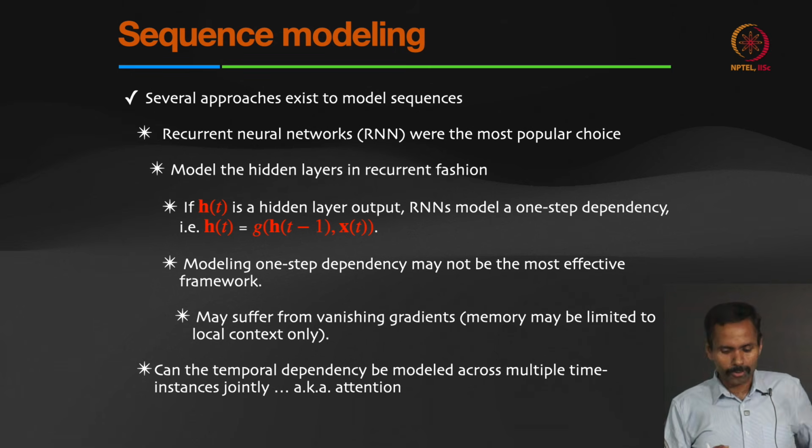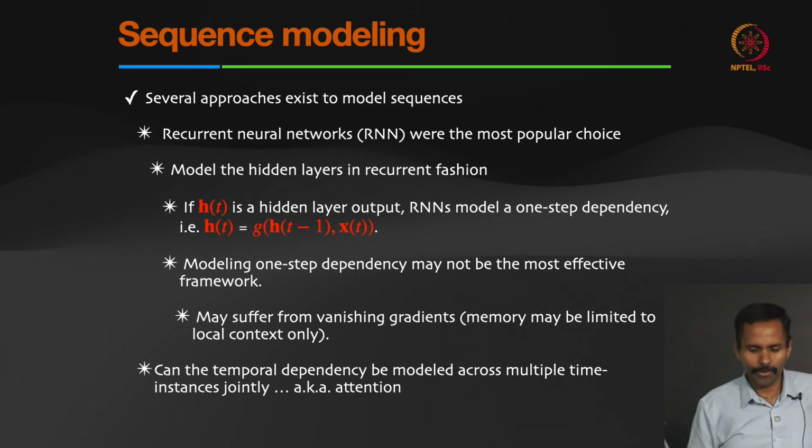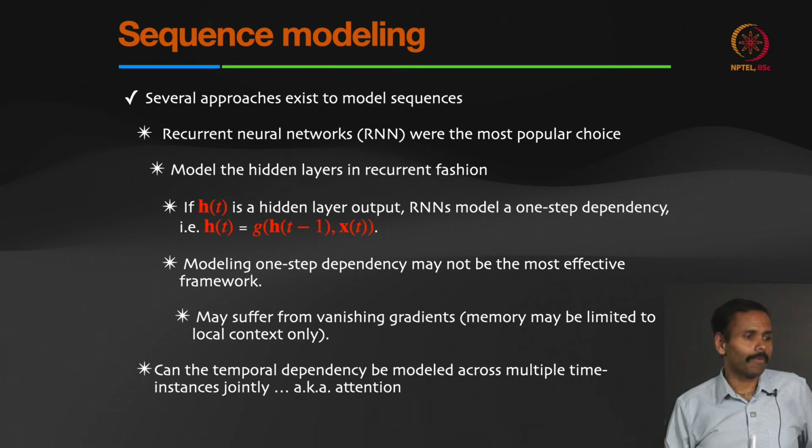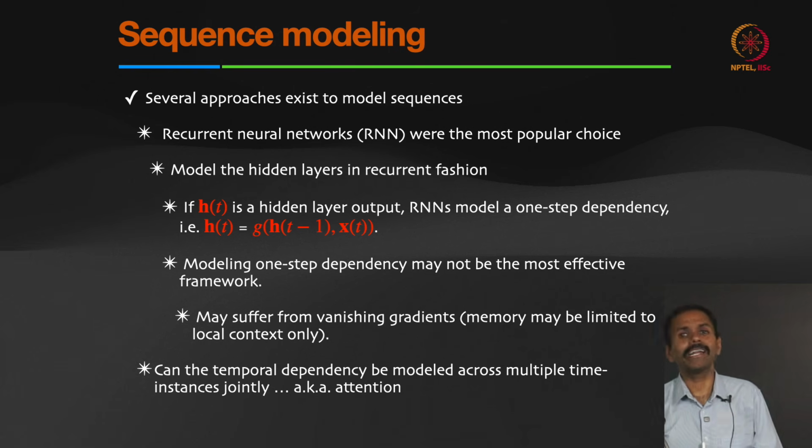So about 2018 or so, when these transformer models, which we are going to deep dive into, were proposed, at that time the popular architecture to perform sequence modeling is what is called an RNN, right?